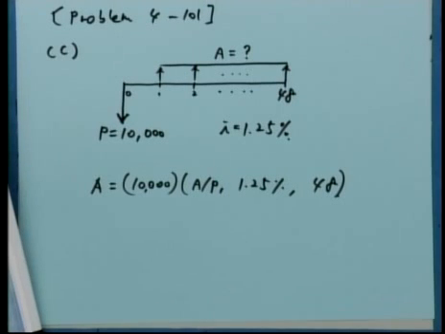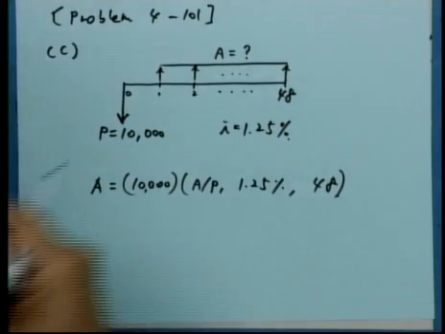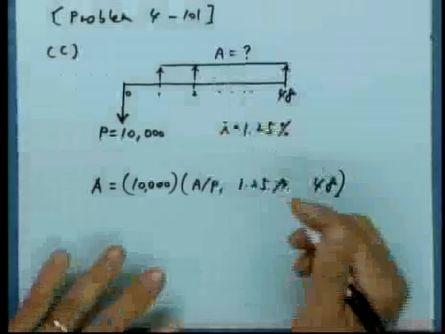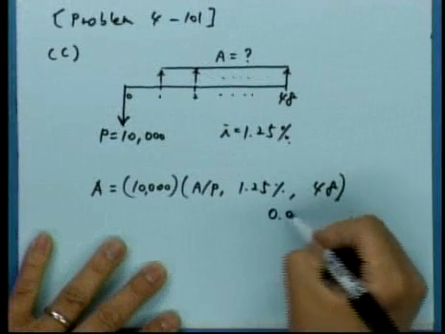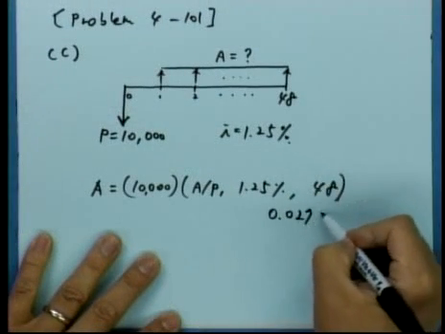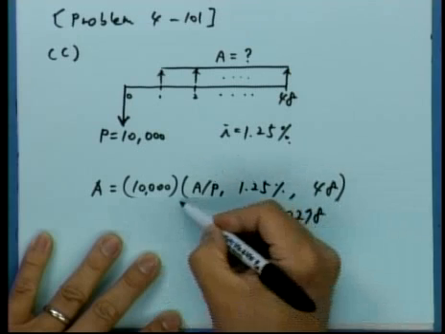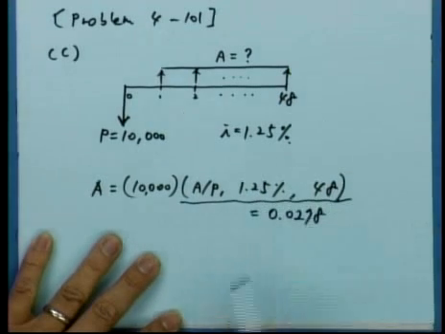Okay, there is one. A given P, there is 0.0278. That is the factor value.